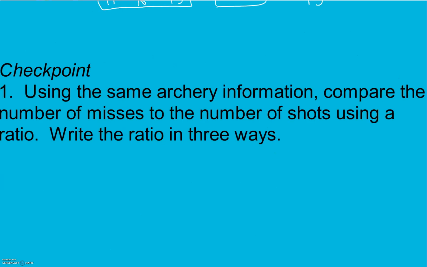Now, using the same information, compare the number of misses to the number of shots using the ratio. Write the ratio in three ways. Go ahead and pause here and give this a try. Okay, we want the number of misses to the number of shots, or the total. Misses was 16, and the total was 60. So we can reduce this.